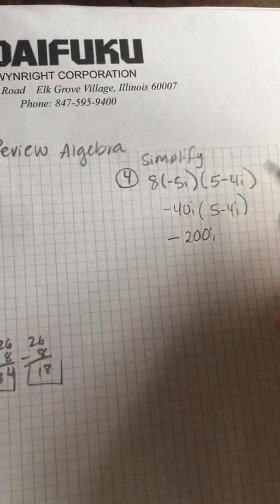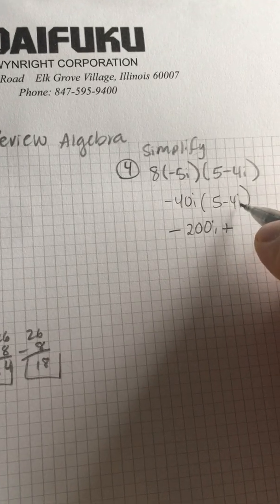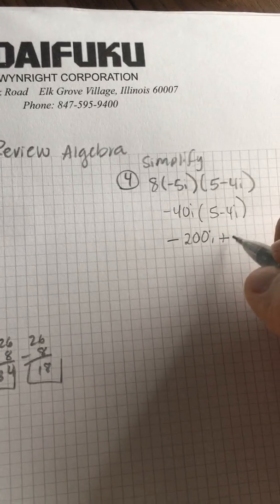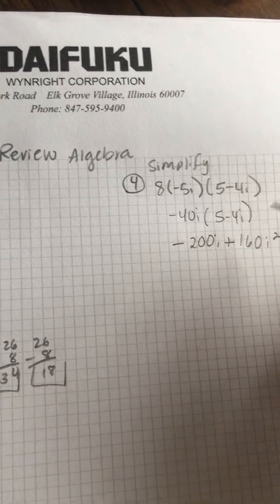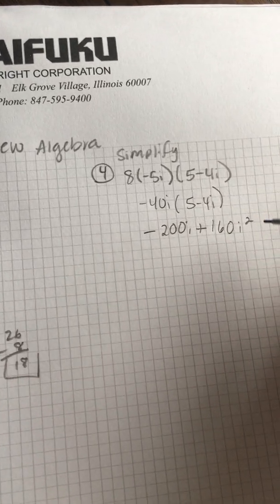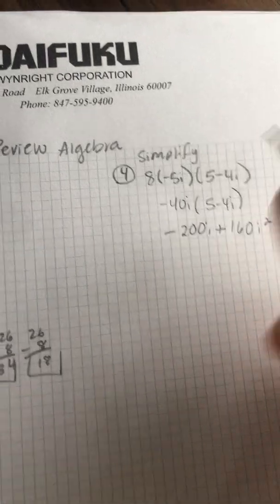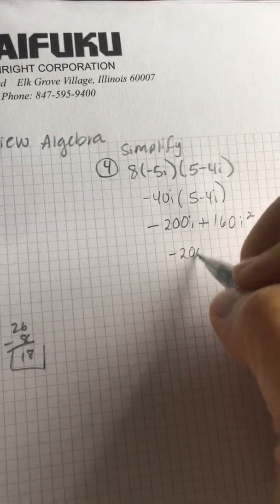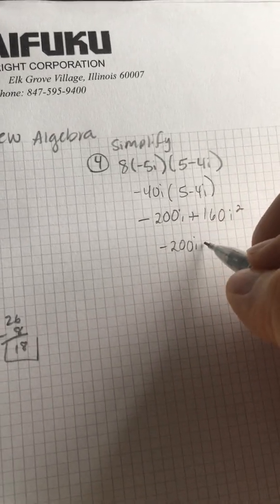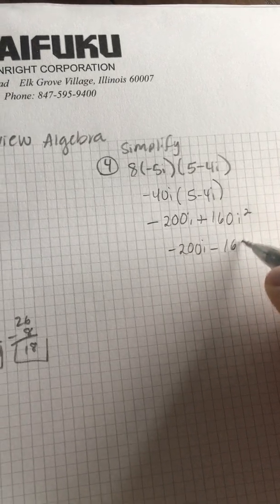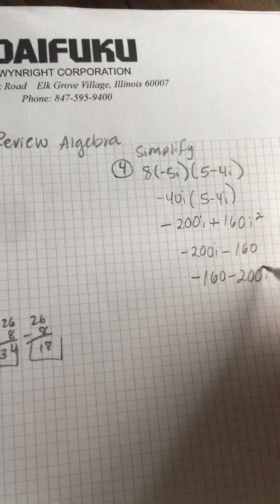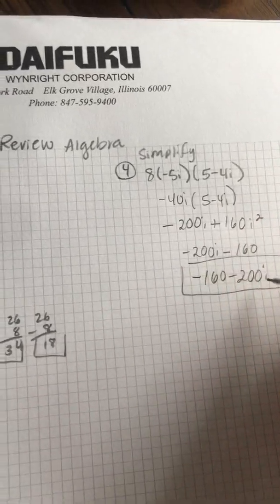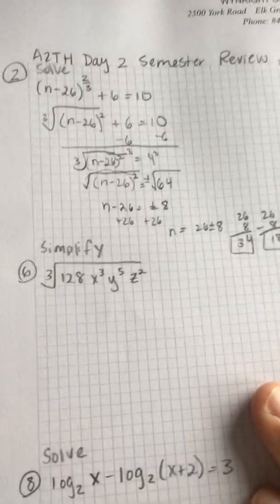And then a negative times a negative is a positive, and that's going to give me positive 160i squared. Then i squared becomes a negative 1. So I'm saying negative 200i minus 160. Another way to write that, negative 160 minus 200i. Final answer, we can't put those together.